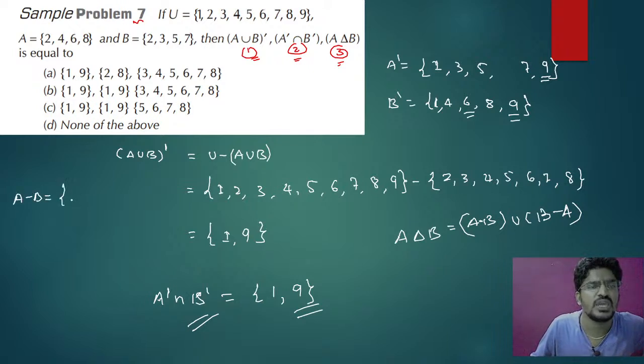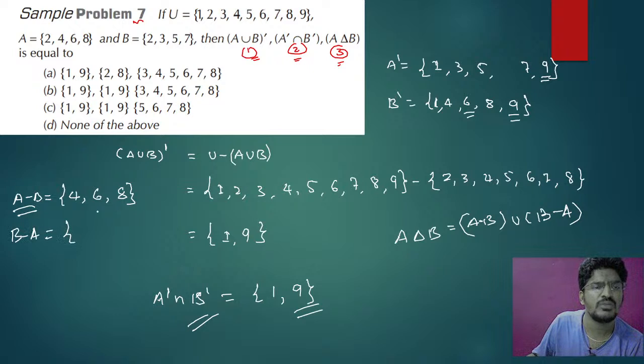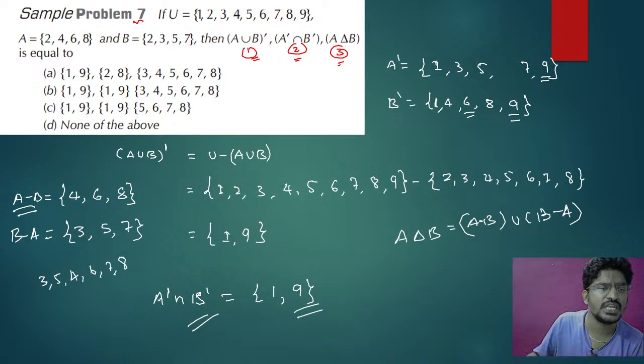In A minus B we can write 4 which is present in A but not in B, 6, and 8. Now check B minus A. I can write 3, 5, 7. That will be 3, 4, 5, 6, 7, 8.